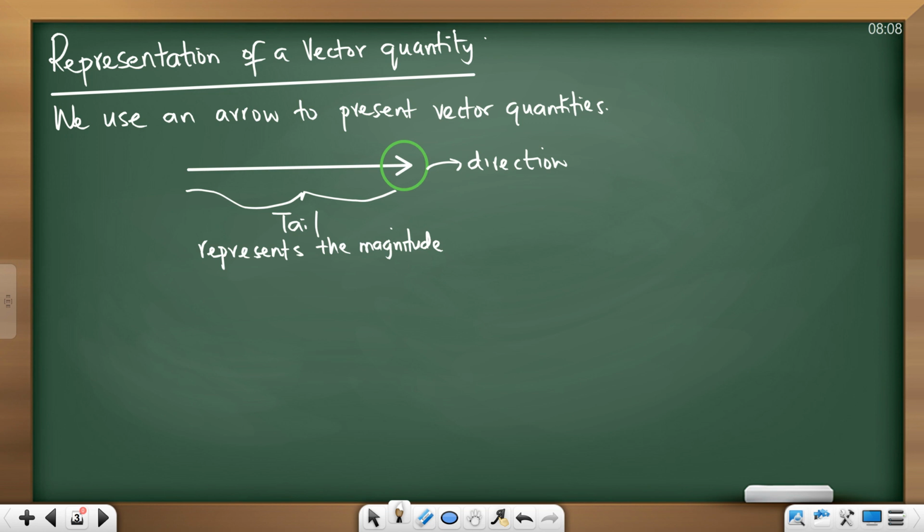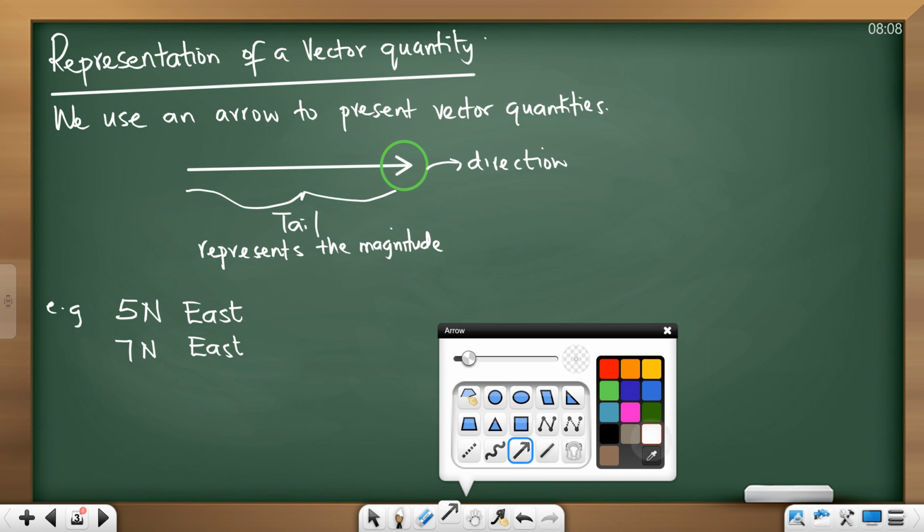So we're going to quickly look at a few examples which we did in grade 10. All right, just to show you something. If I tell you a force of 5 Newton east and a force of 7 newtons east, what's going to be the difference between the two?